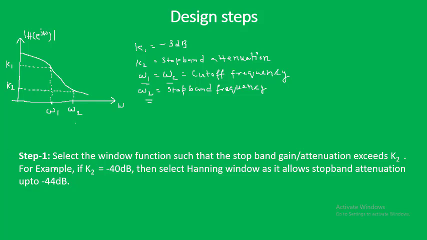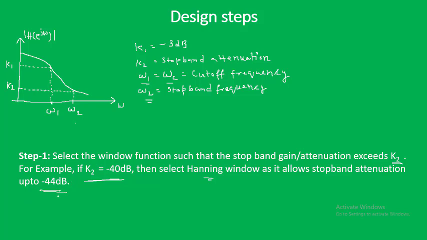So here step 1 says to select the window function such that the stop band attenuation exceeds K2. Earlier, in our discussion of different windows, we have seen that each window has some minimum stop band attenuation, so it should be more than that. For example, if K2 is given as minus 40 dB, then we can choose the Hanning window because it allows stop band attenuation up to minus 44 dB.